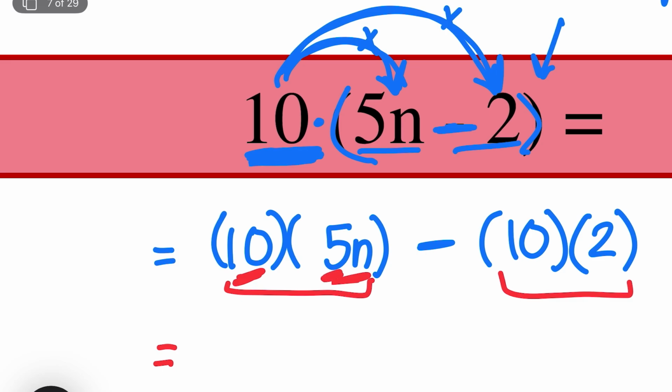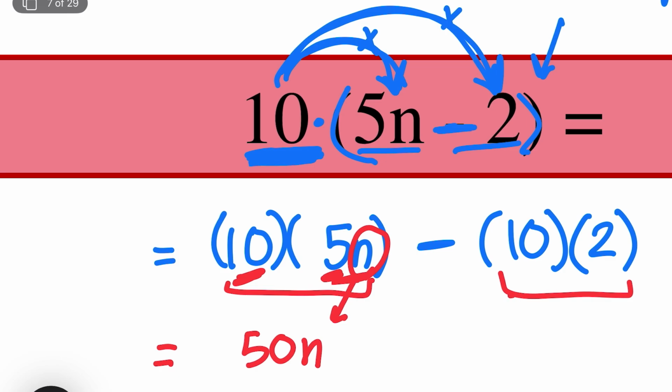So 10 times 5 is going to be 50. Both of them are, of course, positive. There is no sign, so the 50 will be positive, or just keep it without a sign. And then you take the variable and put it in. Don't forget the variable. It's our friend. We don't leave a friend behind.